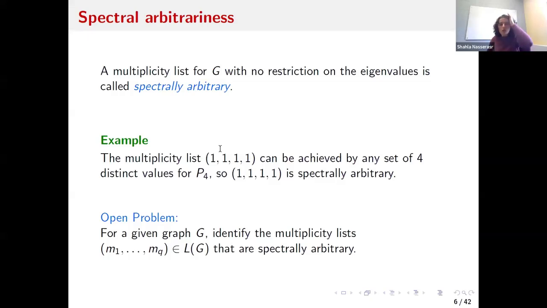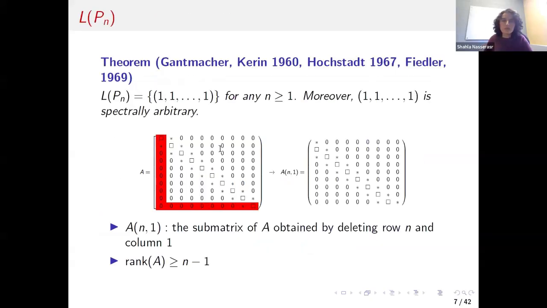So our question here is not just to determine L of G, but also to find the multiplicity lists in L of G that are spectrally arbitrary. Starting from the simplest possible case, paths, this has been answered a long time ago in 3 different papers, I believe.